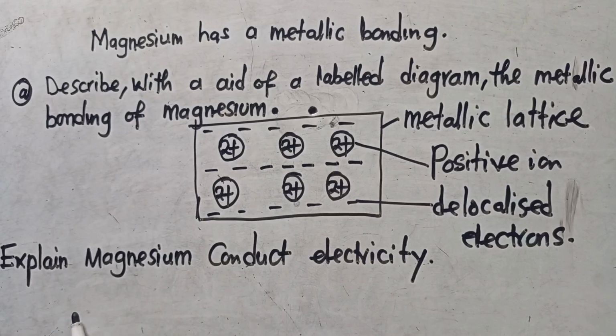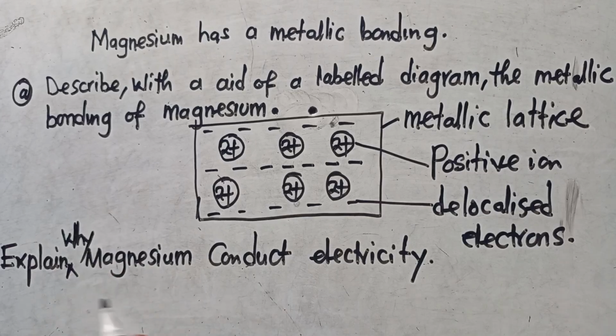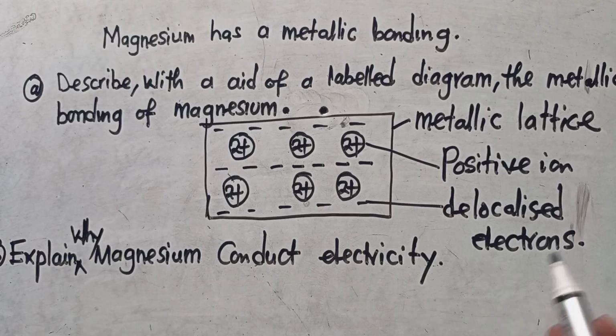The next question says explain why magnesium conducts electricity. The reason why magnesium conducts electricity is that it is made up of delocalized valence electrons.